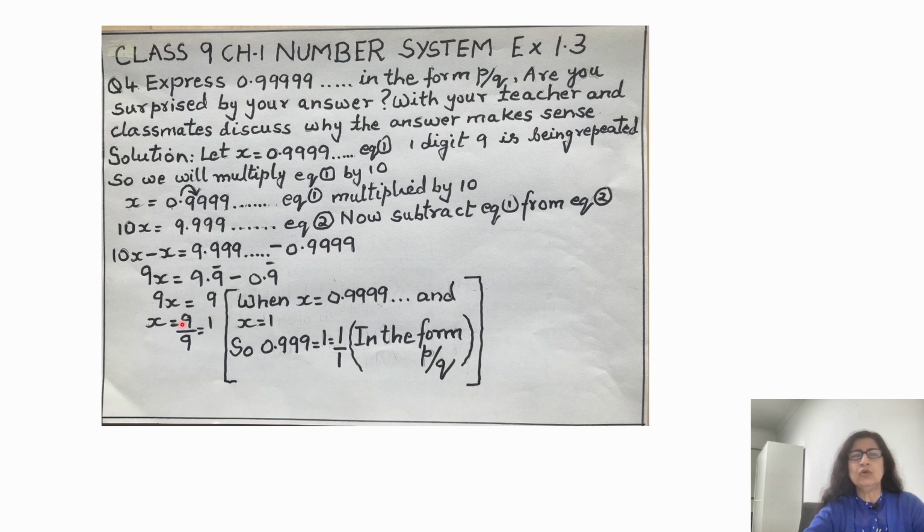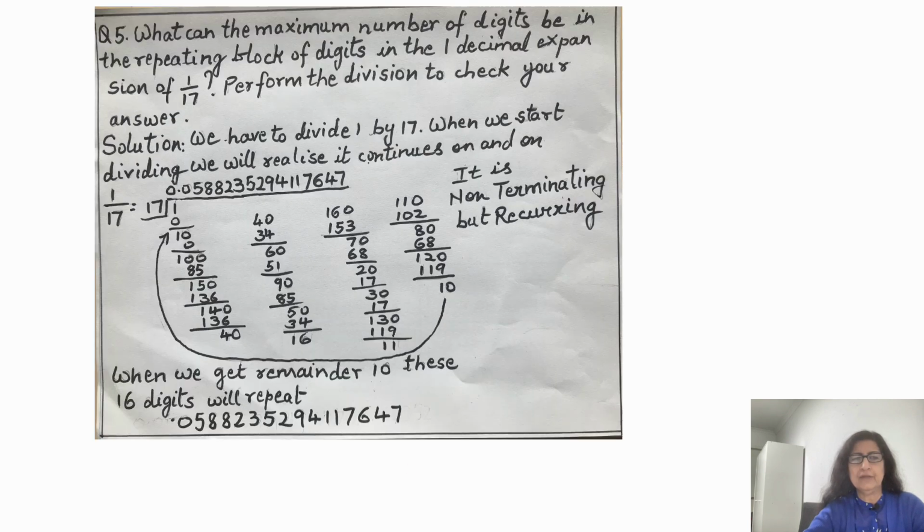So x is equal to 9 upon 9, which is equal to 1. So we conclude that x is equal to 0.9999... and x is also equal to 1 as we have seen over here, so 0.999... is equal to 1 upon 1. This is in the form of p by q as is asked in the question.